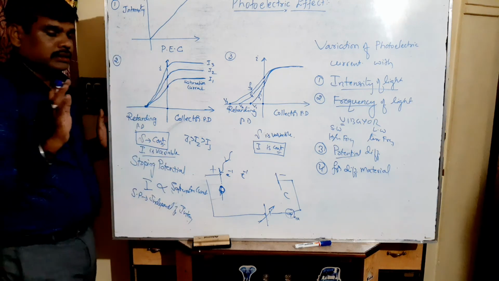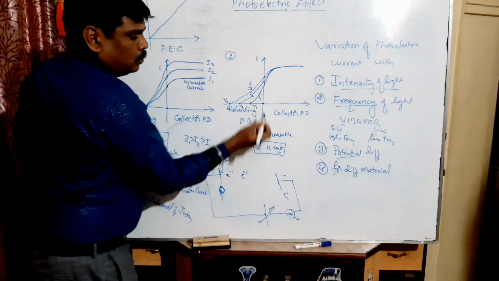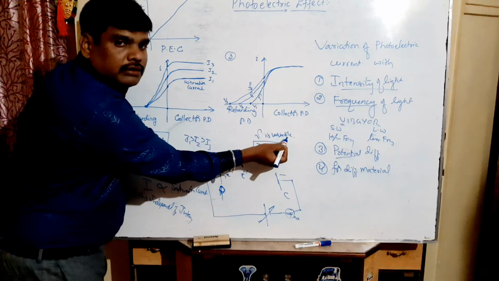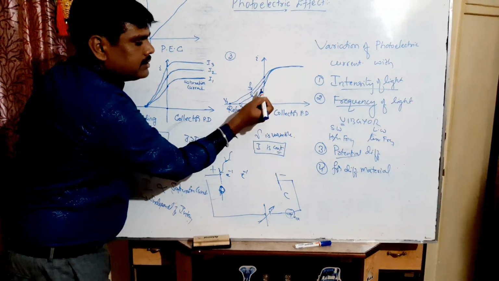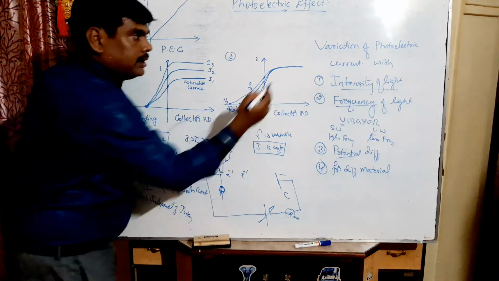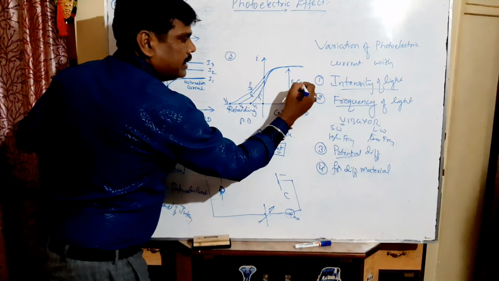You have to remember this. Here in this graph, if you keep intensity constant and vary the frequency, for different frequencies we get different stopping potentials, but for all the frequencies, the saturation current remains constant. This is the saturation current.